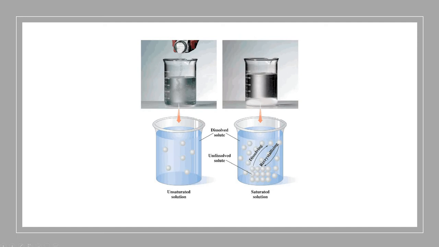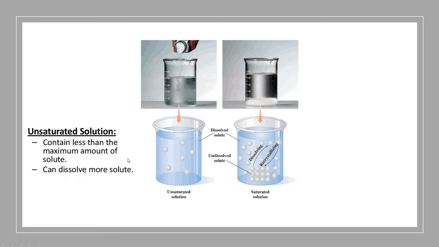When we talk about solubility, it is also related to the amount of solute able to dissolve in it. If you have what is considered an unsaturated solution, which means that you are able to put more of the solute in, so you're just putting a little bit in, this is referred to as unsaturated.